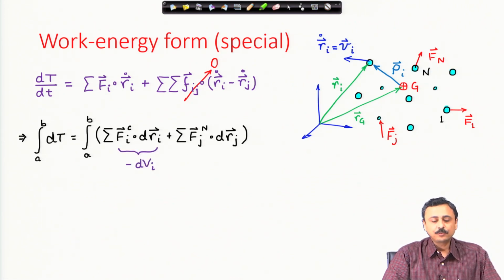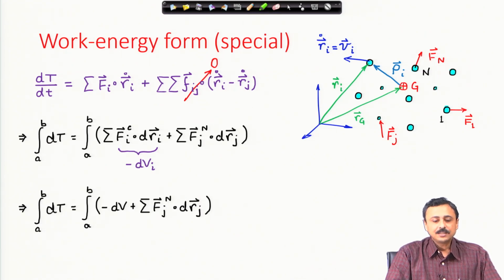The conservative force part, F_i conservative dot dr_i, as we have discussed before, is minus dV_i, the potential of that particular force on the ith particle. So, the potential field that the particle is in.